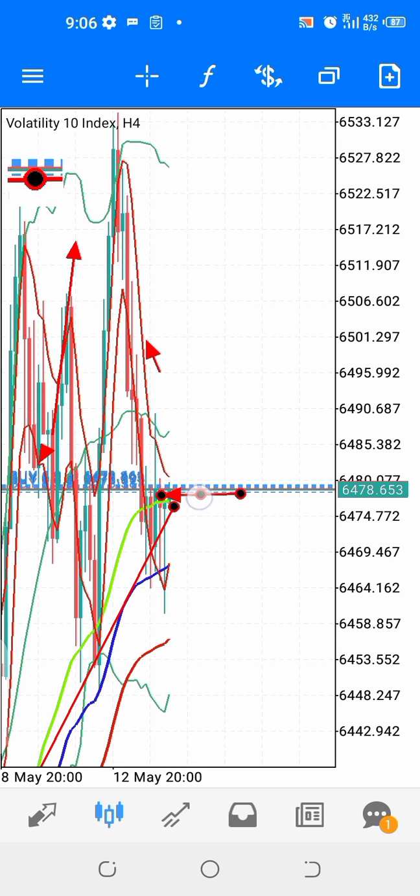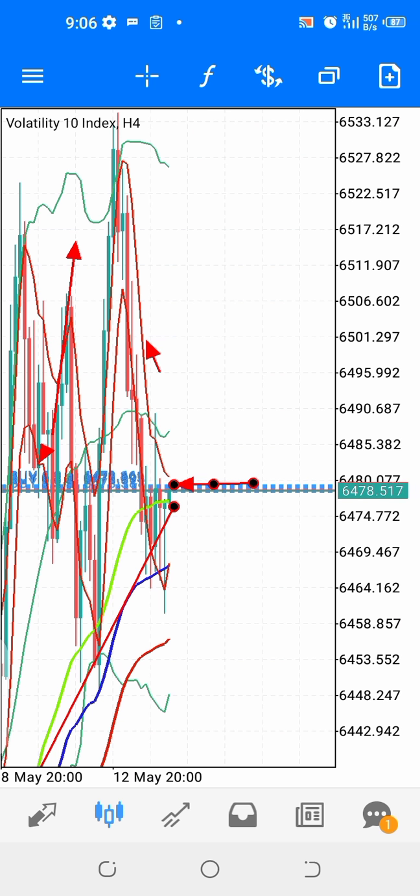I took multiple buy positions, about 4 or 5. Now I'm just going to use my computer to enter the stop losses and the take profit levels.